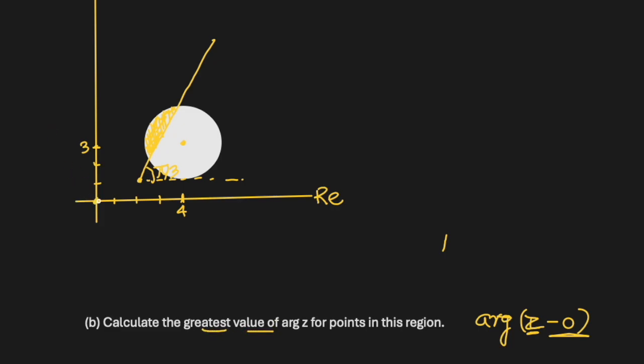So from this 0, if I draw a line, the greatest will be here, which seems to be parallel to this yellow line, but doesn't look like properly parallel, and it is the greatest angle anywhere on this region. Let me show you the points. In this region, this is the only place where it is giving us the greatest angle, this argument.